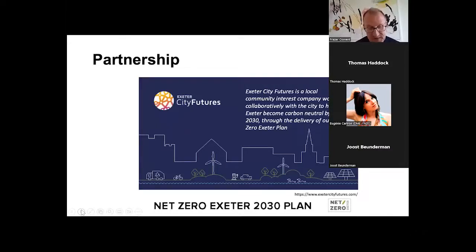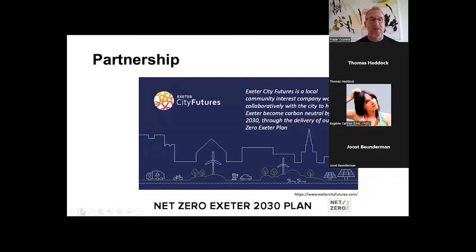What Exeter had already started to do when we got involved is it had formed a partnership expressly to help it deliver on its net zero ambitions. So Exeter City Futures is an organisation that was set up as a community interest company expressly to work in partnership with the City Council in order to work towards achieving its 2030 net zero plan.